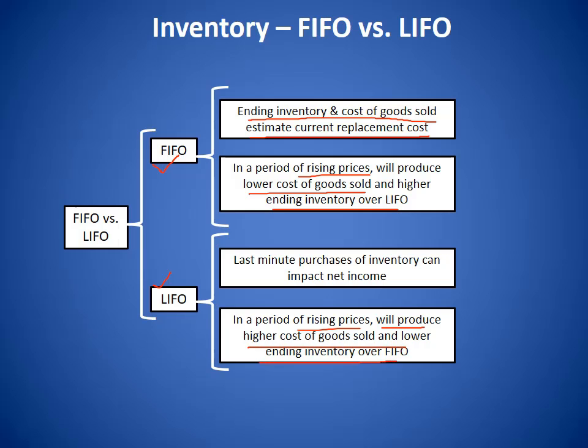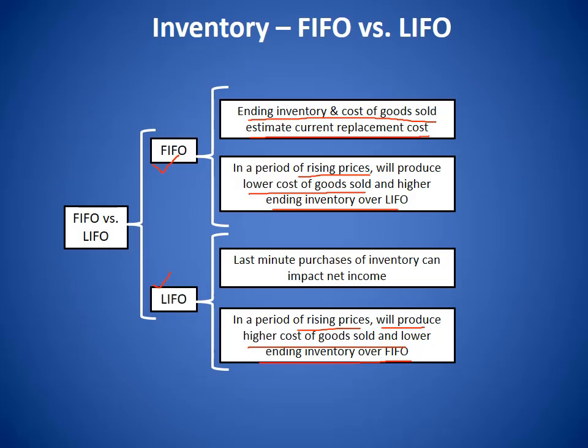So the reason most businesses want to use LIFO is that it produces a higher cost of goods sold, which means a lower net taxable income, and most businesses want to minimize their taxable income. As I mentioned, under certain tax rules, if you use LIFO for tax purposes, you have to use it for your financial reporting purposes.